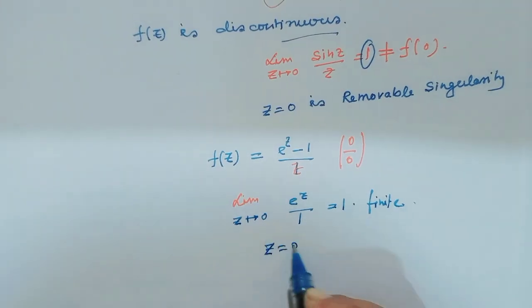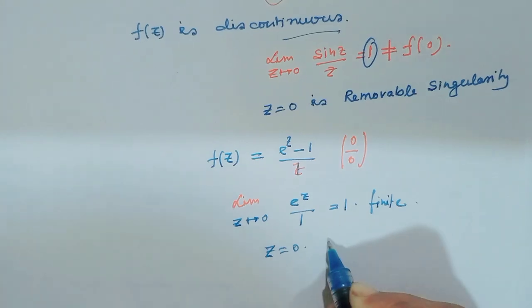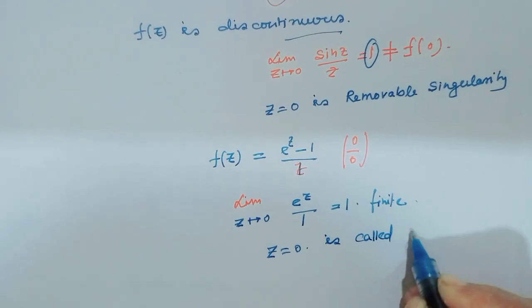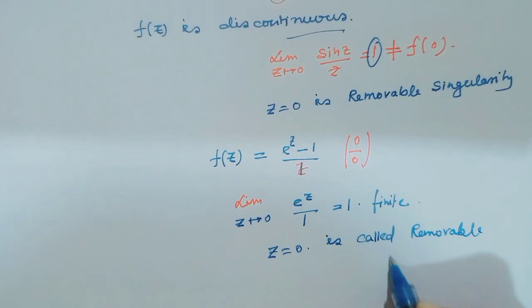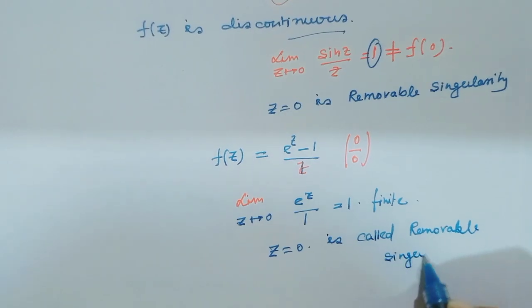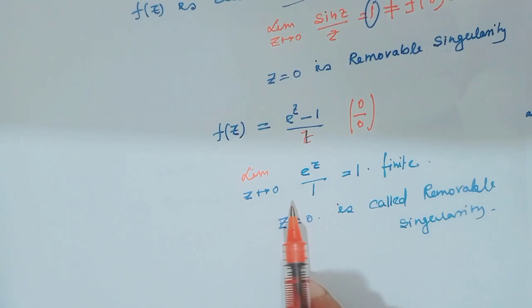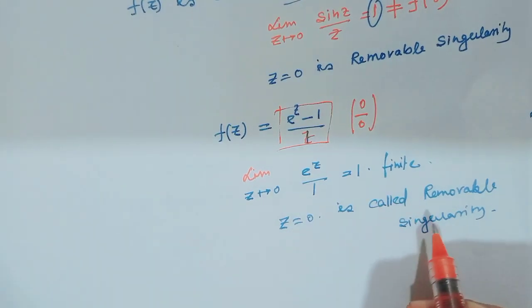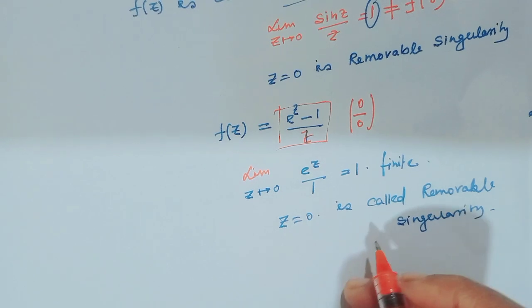So z equals 0 is called a removable singularity. The limit as z tends to 0 of f(z) exists finitely, so z equals 0 is called a removable singularity.